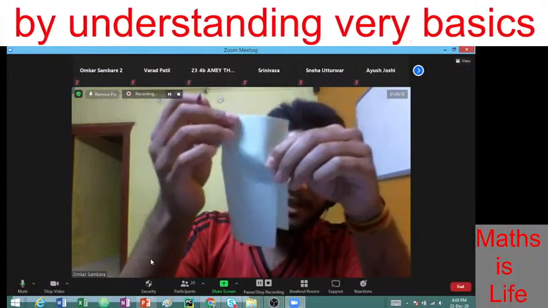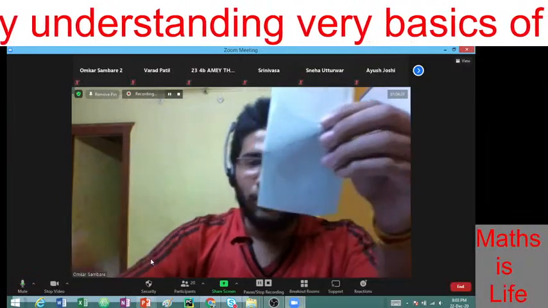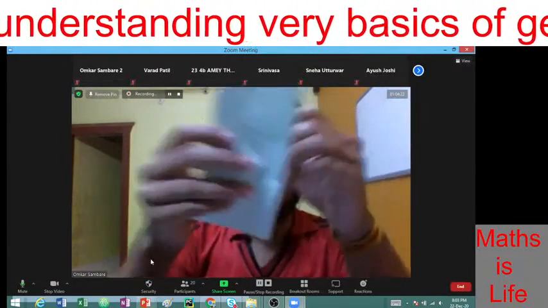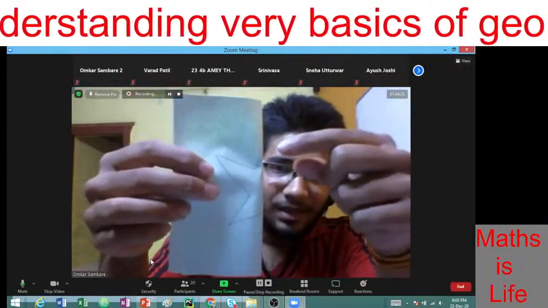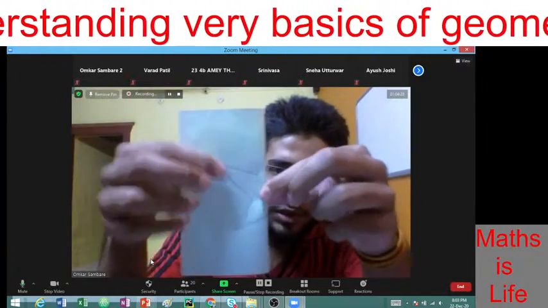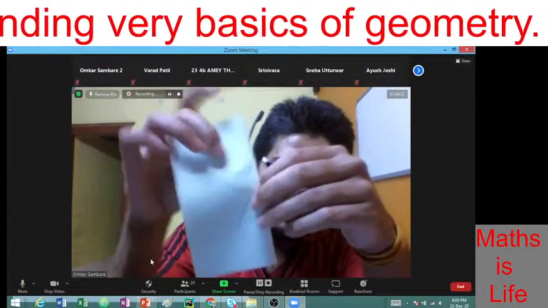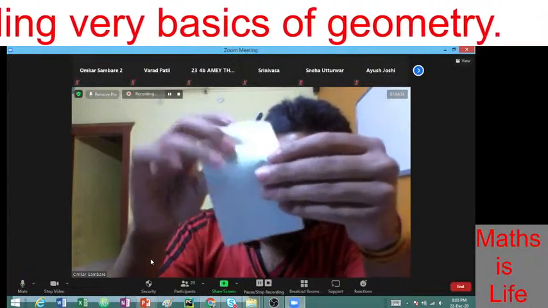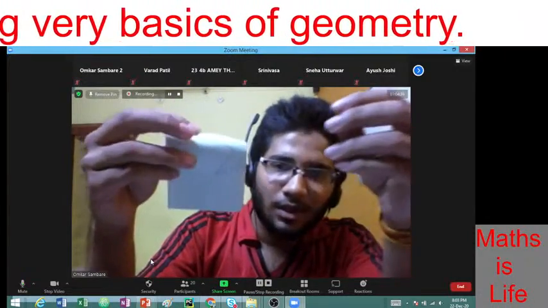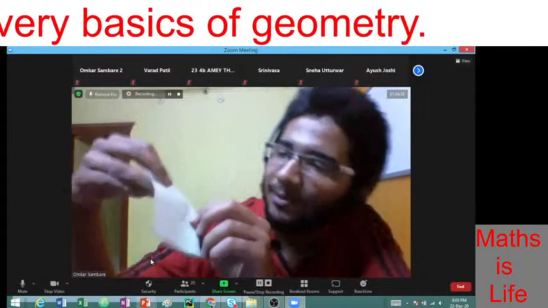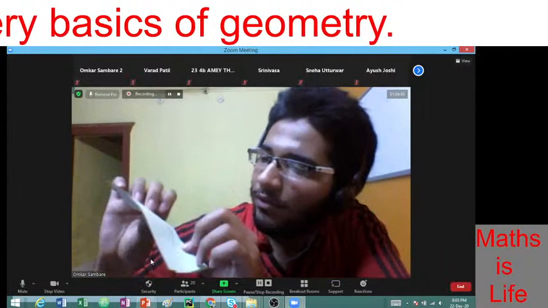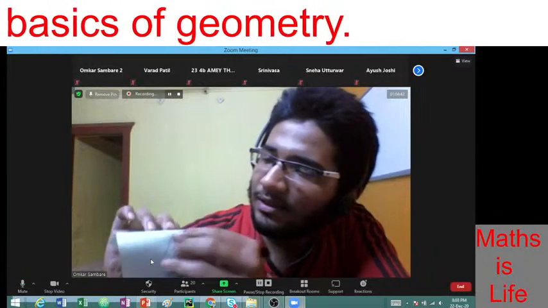Okay, after getting the symmetry line, we have to see the shape, how the shape is going. We have to fold along this line so that these lines will overlap. Oh, I am not able to see what is happening here. We have to fold like this.